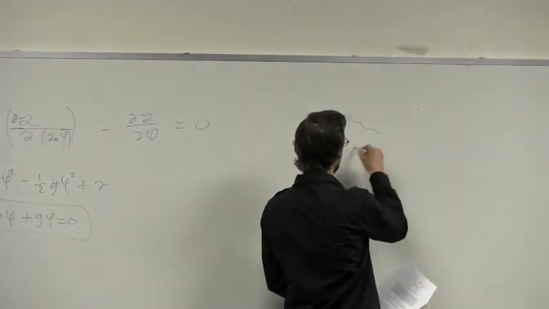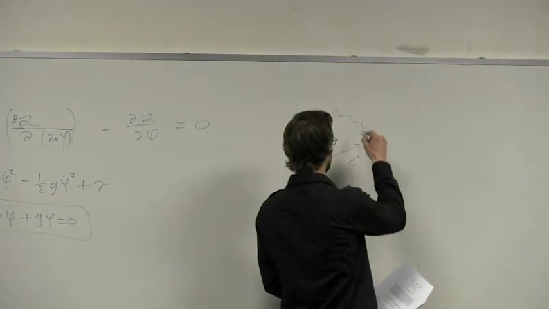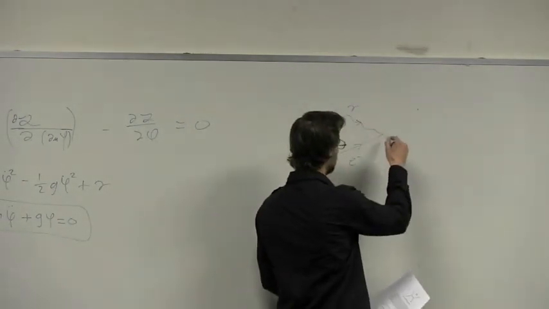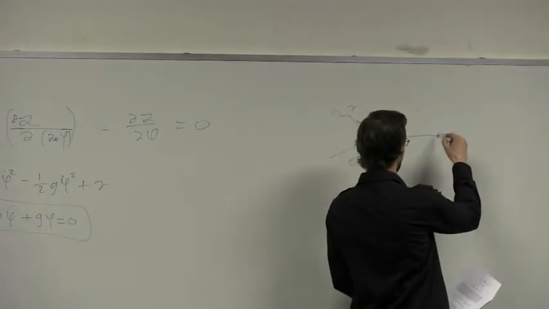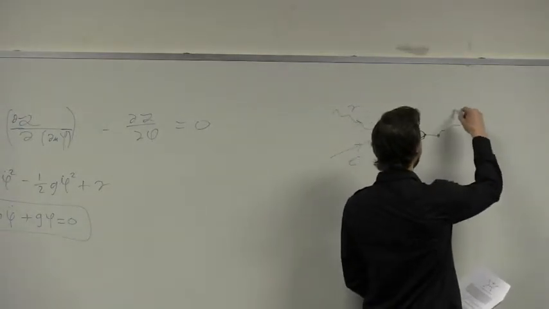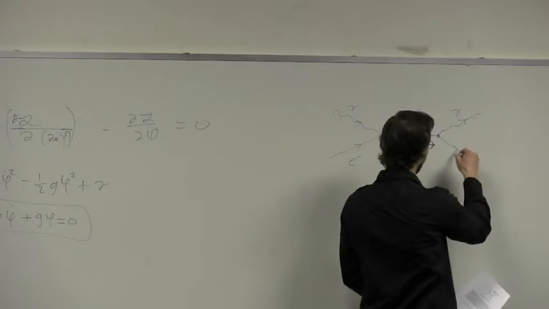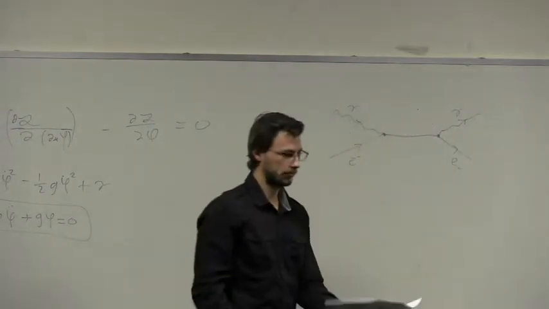So how this is drawn is, you have this nice electron, you have a photon, they come and interact, something happens here, and you have the photon go out and the electron go out.